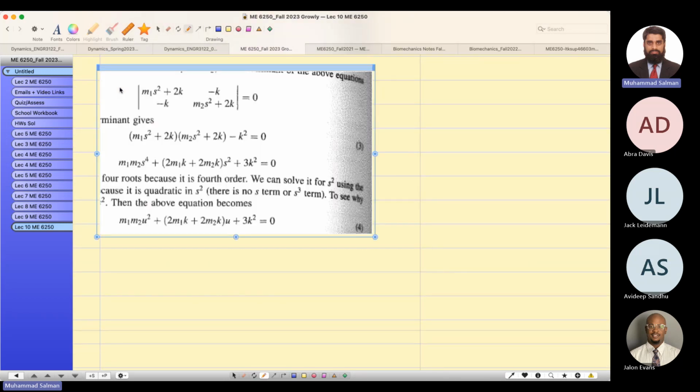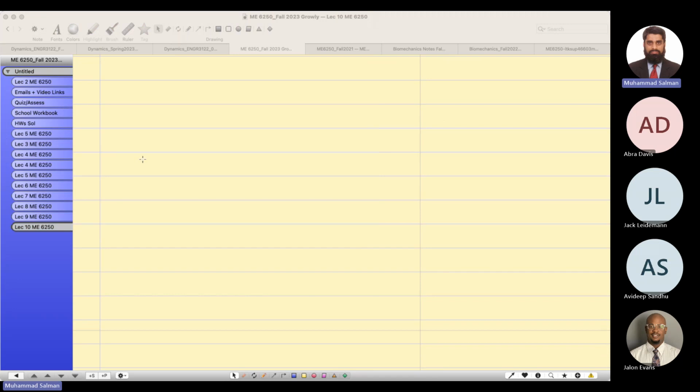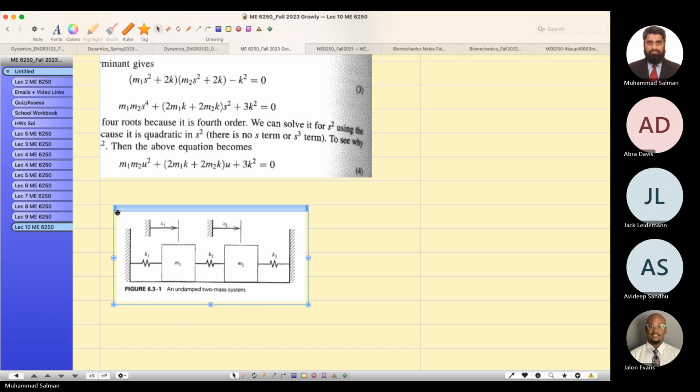As a mode shape, I'm going to copy this diagram here. First, you have to select at higher resonance, you have to use the equation. I will show you the method, but let me show you the shapes first. This mass moves to the left, this mass moves to the right.